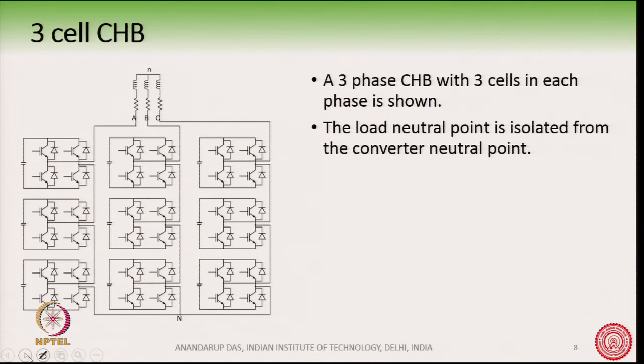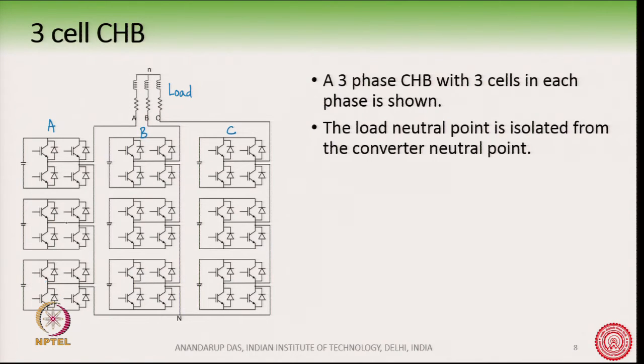So, how do you now connect, or how do you get a 3-phase converter? I have shown this with a 3 cell CHB here. So, this is for example phase A, this is phase B, and this is phase C. Here is the load, and here is the converter. In phase A we have 3 cells, cell 1, cell 2, cell 3.